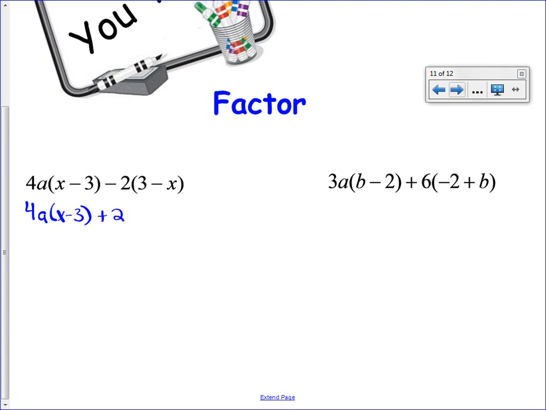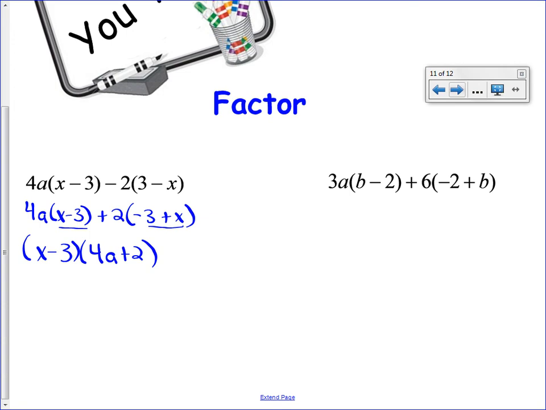I change that sign because I'm factoring out a -1. And then this becomes -3 plus x. So now these two binomials are the same. I had to factor out a -1 because these were not the same, which is why this -2 becomes a +2. When I factor out my binomial, I'm left with this. How many of you got that?